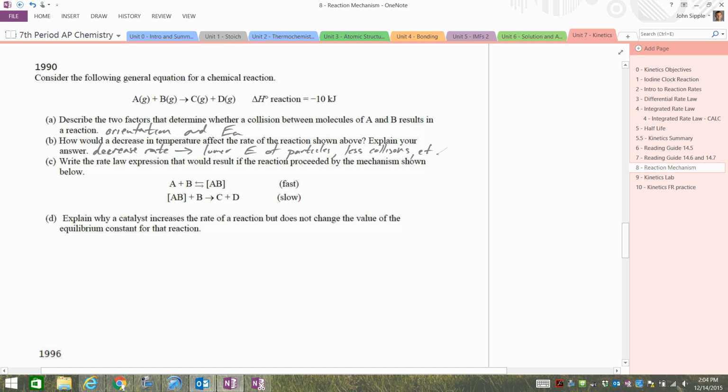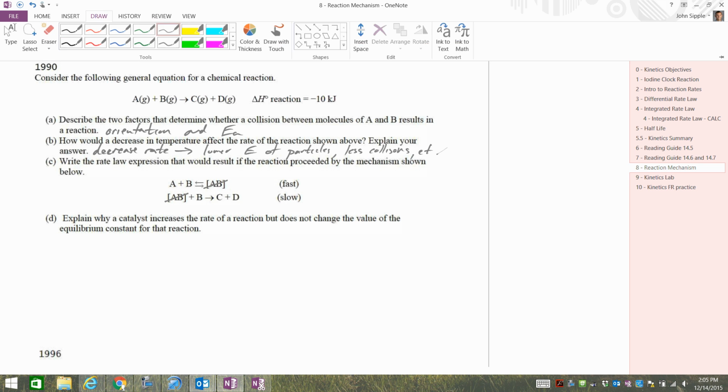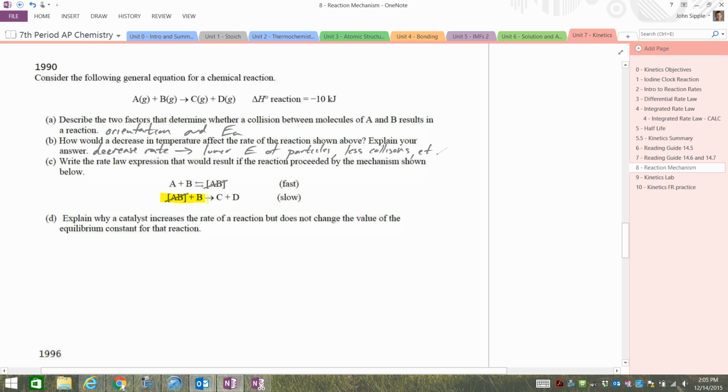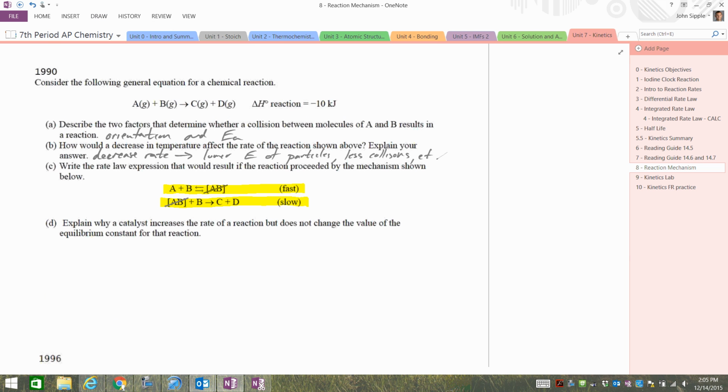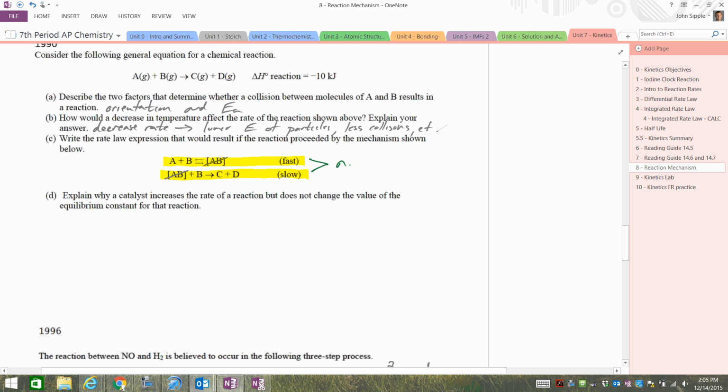We want to write the rate law expression for a reaction preceded by the mechanism shown below. So we want to get rid of our intermediate, so we're canceling out A and B. I'm going to highlight the slow step and anything prior to it, and we write our rate law based off of that. So what should the rate law be equal to?